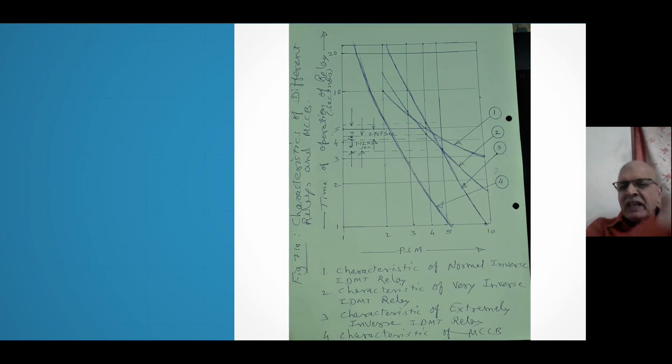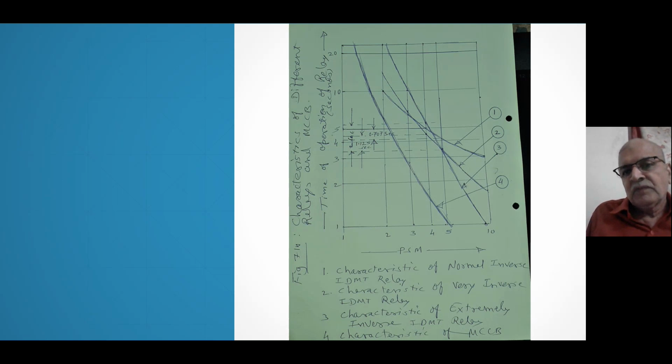But should you use very inverse in the same case, for the same difference of current, PSM 4 and 5? The difference is 1.125 seconds. And if you use extremely inverse, yet steeper, the relay construction is more or less the same, but the difference is in the steepness.